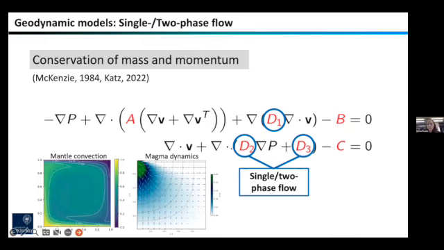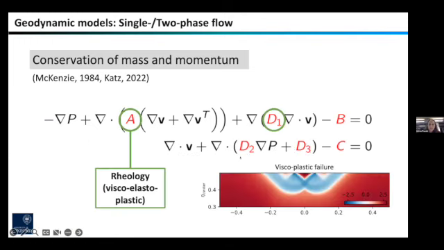The D1, D2, D3 coefficients essentially represent the differences between single and two-phase flow. For example, we can model mantle convection or magma dynamics just by modifying these terms. The coefficients A and D1 actually contain information about the rheology. We can model magma dynamics in the mantle and prescribe a viscous rheology, or we can again model viscoelasto-viscoplastic rheology in the lithosphere.